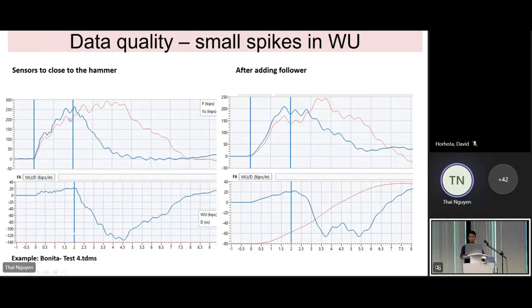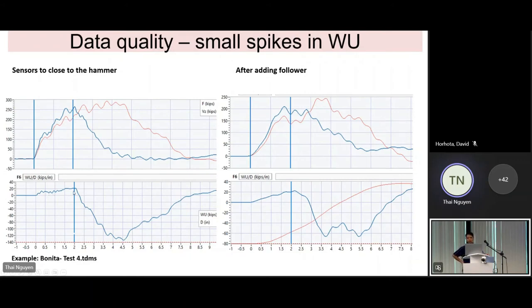When you see a small spike in the wave up, for example in this case, can it be that the sensor was too loose, or a different reason? In this particular example, monitor test pile number 4, you can open the example yourself.